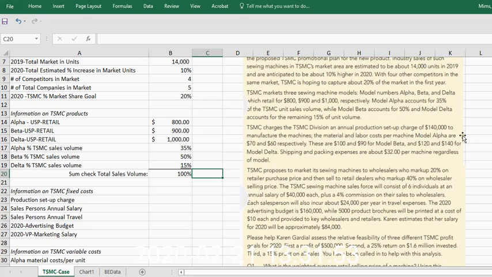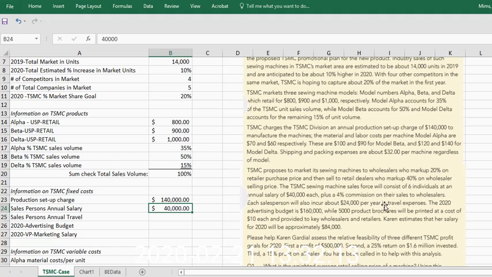There's a setup charge of about $140,000. Be sure and put the decimals in here to manufacture the machines. Let's go on down here to the salesperson's salary. There is $40,000 in fixed costs.